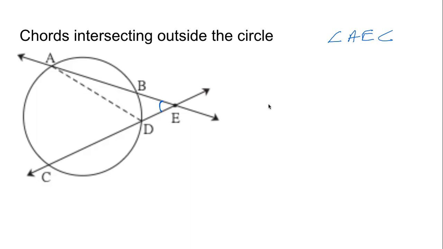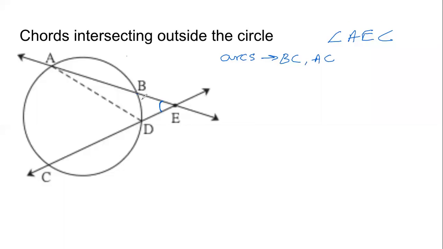What are the two arcs that they are intercepting? Can you name them? There are two very clear arcs that they intercept. BD, BD is correct. And another one is AC.